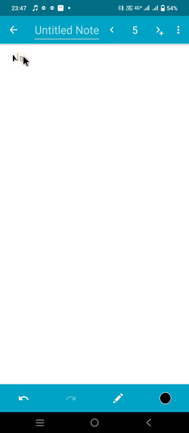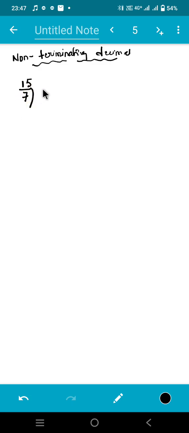Now let me give one example of a non-terminating decimal. Let me show you some examples of non-terminating decimal, students. Now you see, if we divide 15 by 7, what will happen? Just see. Now 7 2s are 14, isn't it?